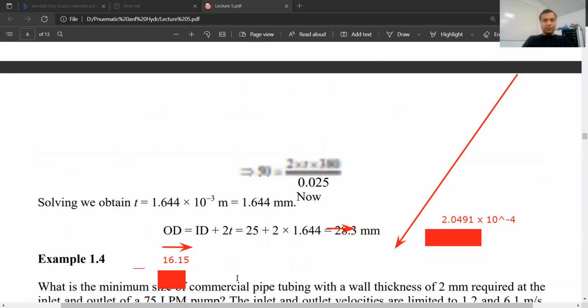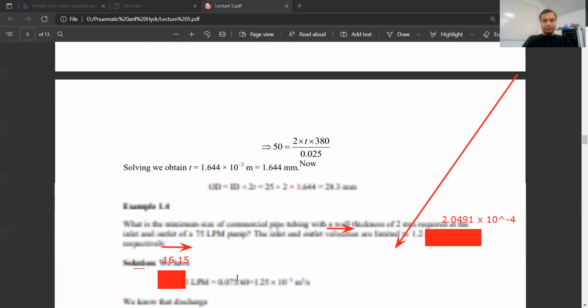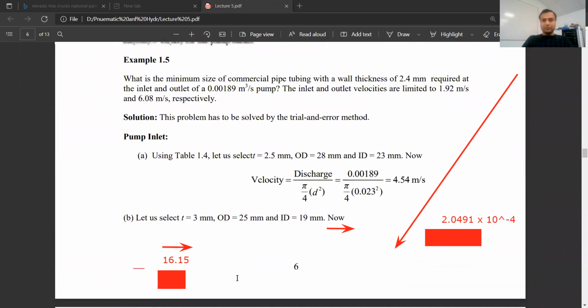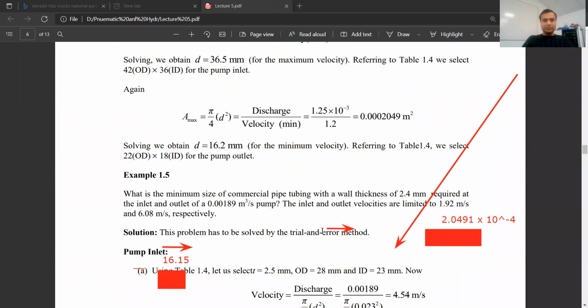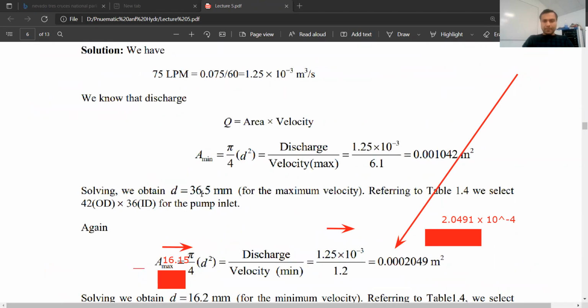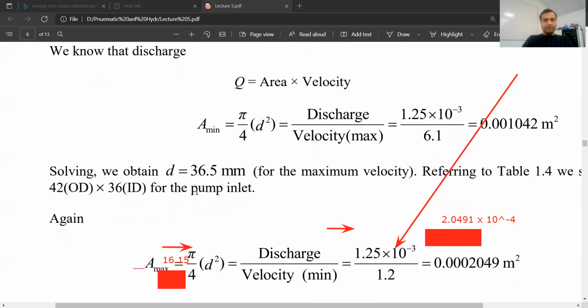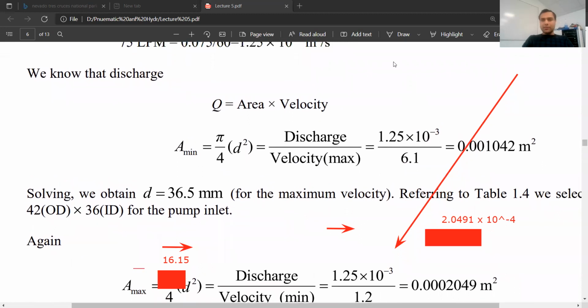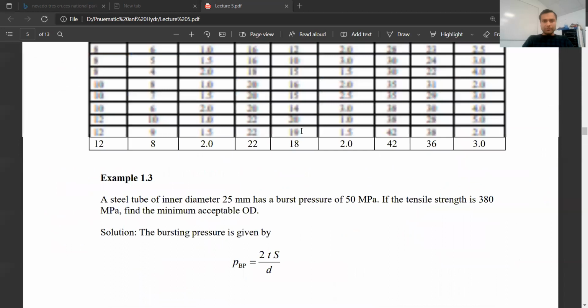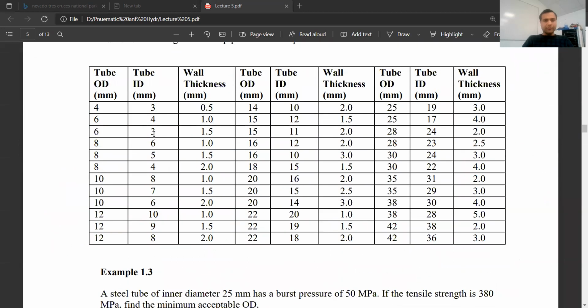And we have a 1.14 table. Let's see if there is a table down there. So we need to go back to the 1.14 table.